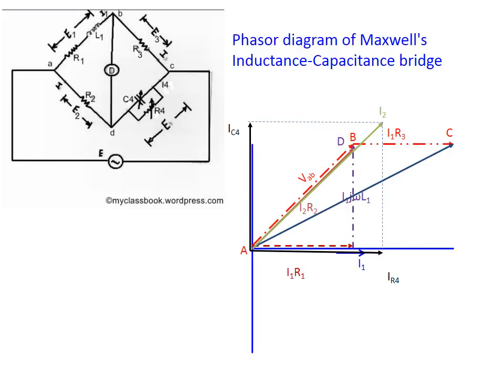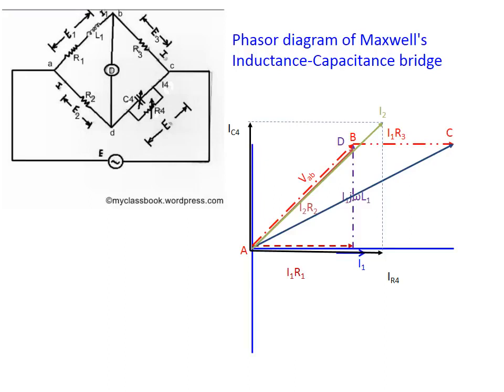Alternatively, the current IC4 passing through C4 will create a voltage drop equal to IC4 into 1 upon j omega C4, lagging behind current IC4 by 90 degrees. And this must be the same as I1 into R3.